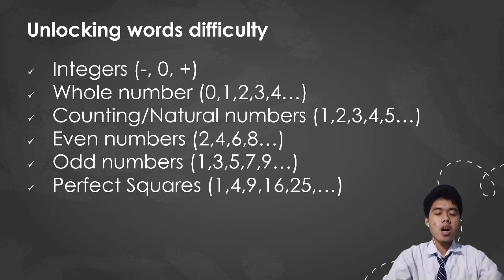Next one is odd numbers, which are 1, 3, 5, 7, 9, and so on. And lastly, perfect square. These are 1, 4, 9, 16, 25. Or it can be 1 square, 2 square. Those are the square numbers that will come out.